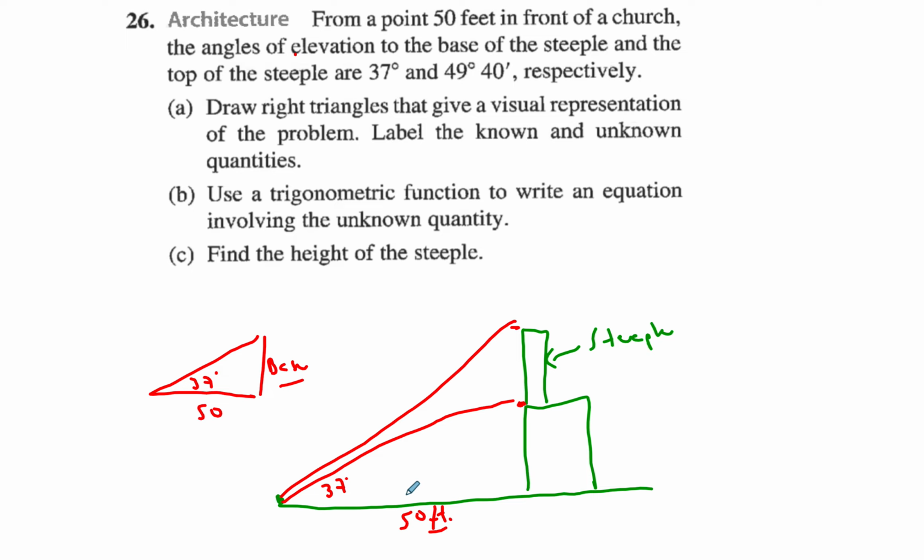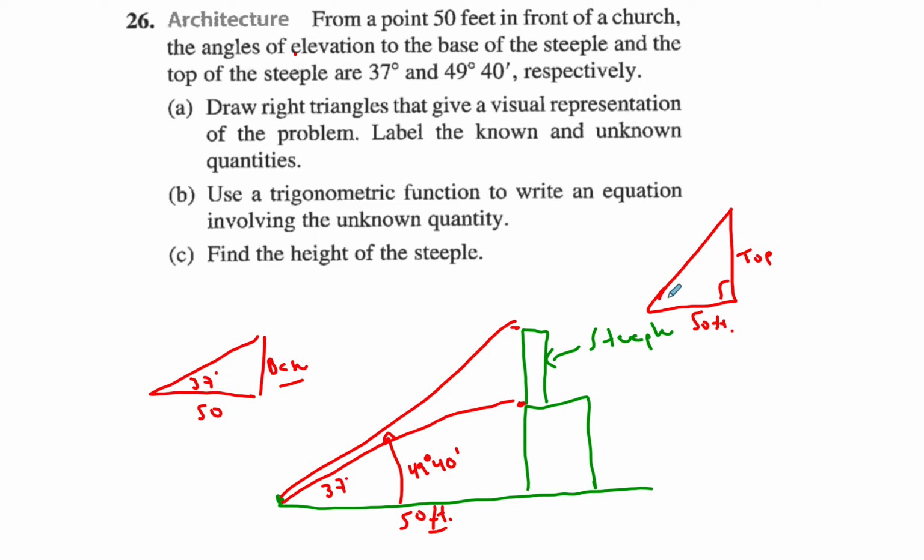And then this other triangle, so that whole angle there is the 49 degrees and 40 minutes, right? That's 49 and 40/60ths, or about 49.6 repeating degrees, right? 40 divided by 60. So that means then we're looking at another right triangle, still 50 feet, and this would be the top, right?